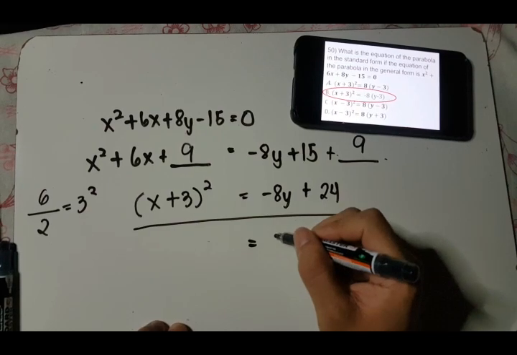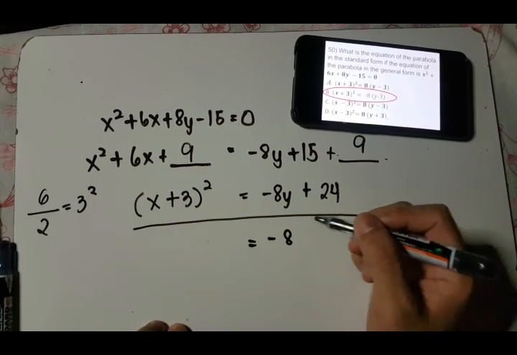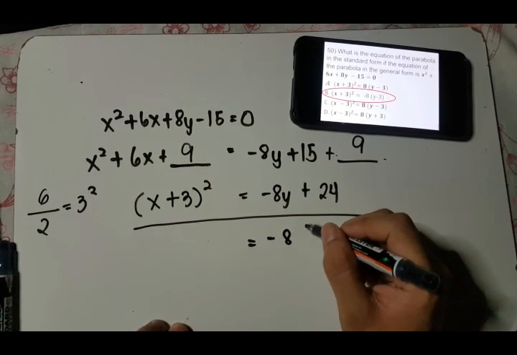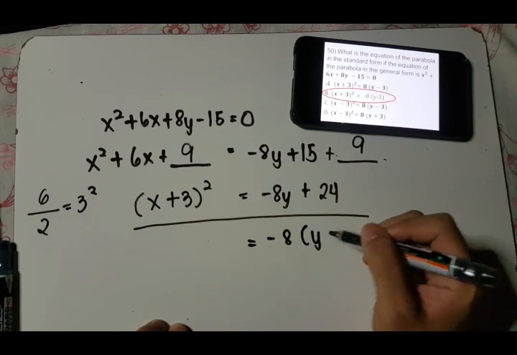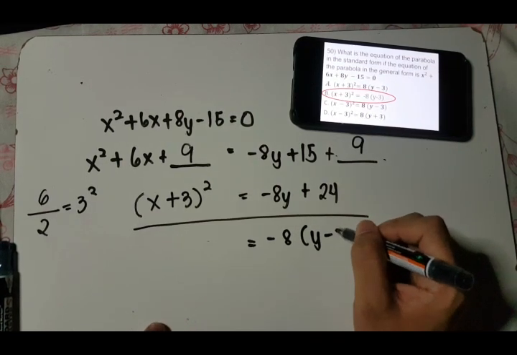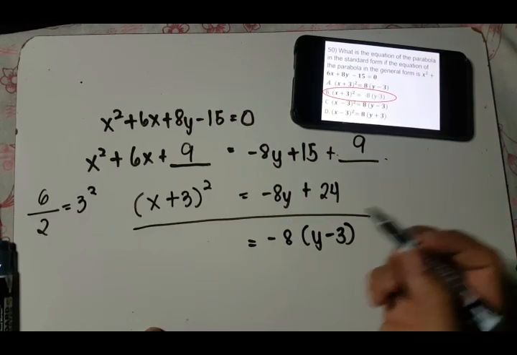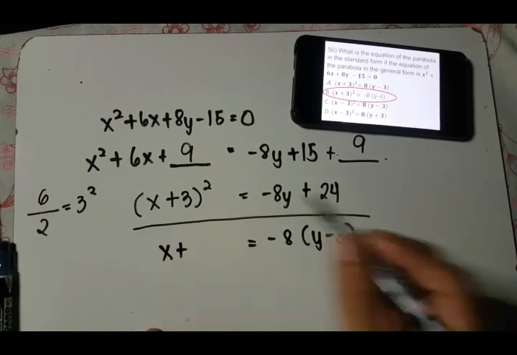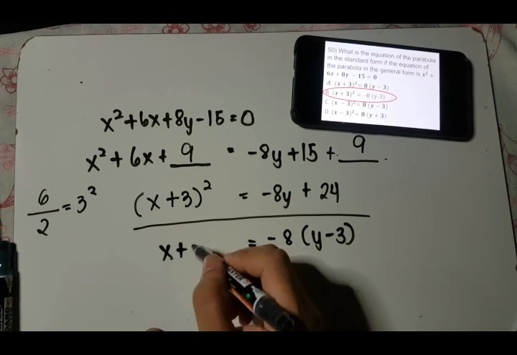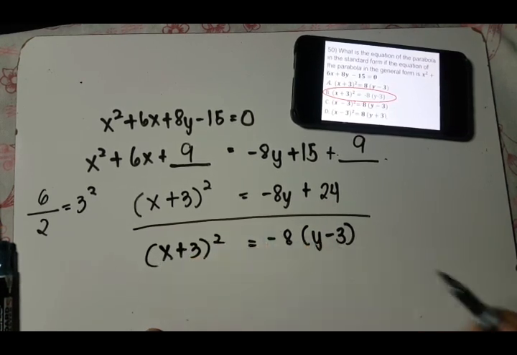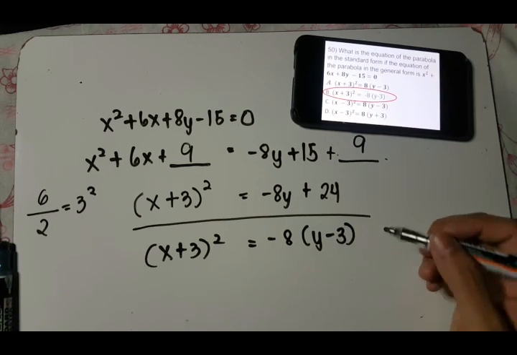So, pwede itong negative 8 times the quantity y minus 3. So, x plus 3 squared equals negative 8 times (y minus 3). Answer here is letter B.